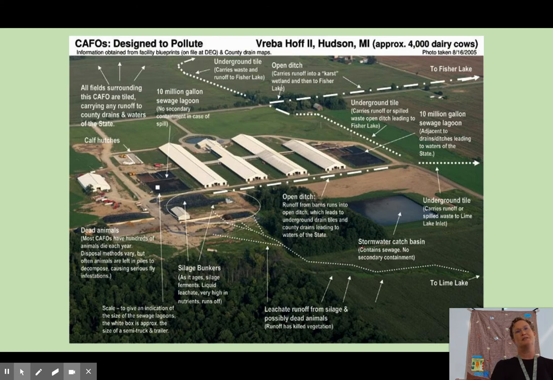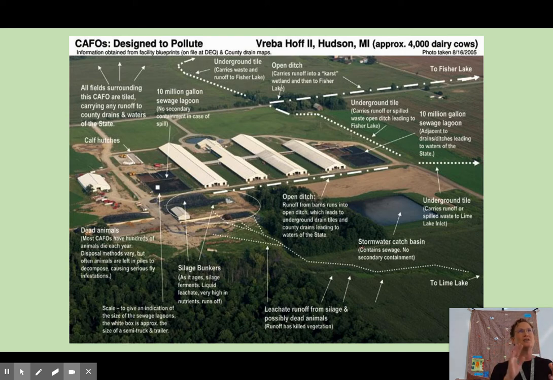So CAFOs, we're growing animals outside of the normal limits of the environment. So there is lots of negative feedback that comes from all of this, or actually positive feedback, but it's bad feedback.